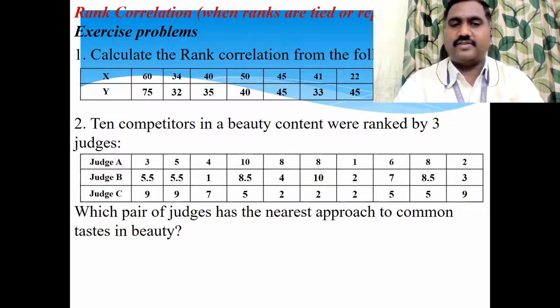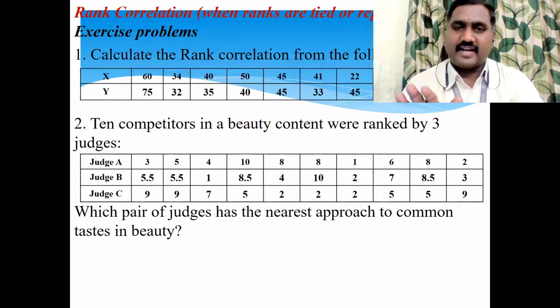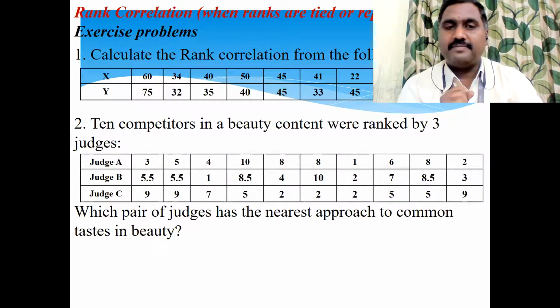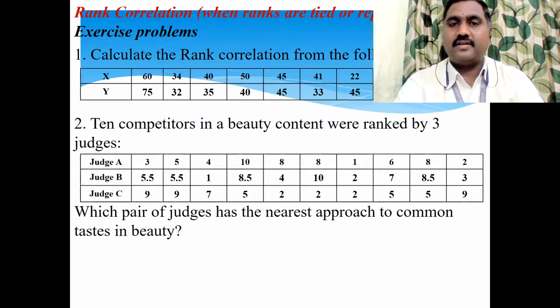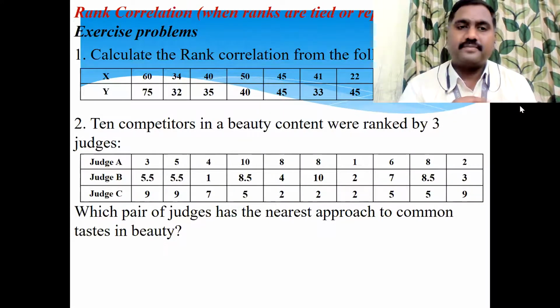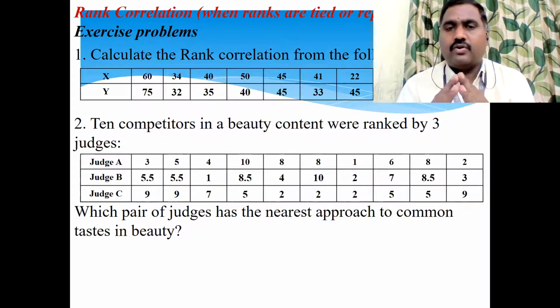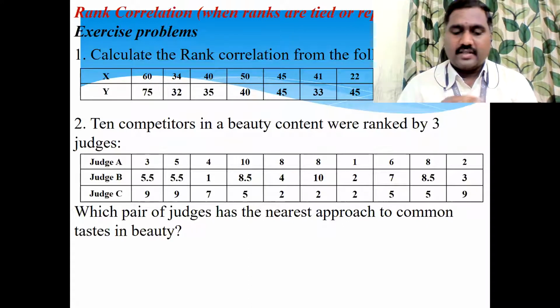Yes, ranks are not given directly, so the values are given. But here the values are repeated, right? Which values are repeated in the x variable? See the x variable: 60, 34, 40, 50. No, okay, so in the x variable the numbers are not repeated.